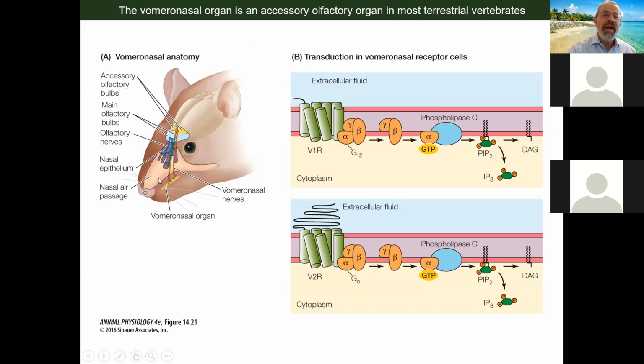So, whereas the typical olfactory receptor picks up signals, generates that electrical impulse via the adenylate cyclase pathway, and communicates with the olfactory bulb, with the vomeronasal organ we have nerves that are found in the nose, but also in the oral cavity, that send signals to this other accessory organ, and the communication pathway is the phospholipase C. This V1 and V2 just indicates that there are two different types of receptors in the vomeronasal organ, but you don't have to worry about those.